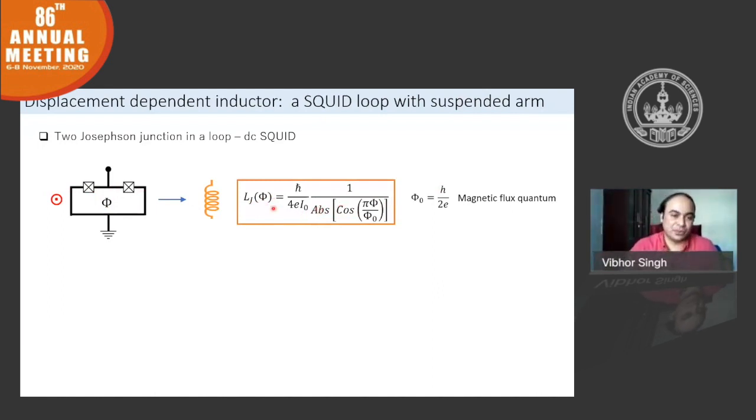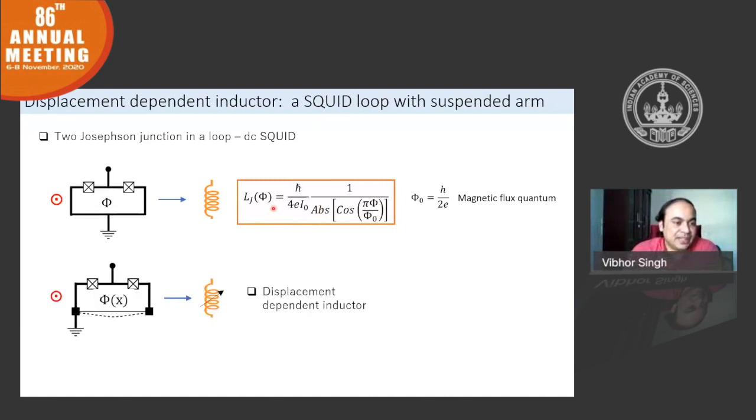This is the one which we want to use to realize the qubit mode. So if we go further and release one of the arms of the SQUID loop and make it suspended, you can see that displacement of this wire would cause a change in the magnetic flux and hence a change in the inductance value. So by making one of the arms of this SQUID loop suspended, we can realize a displacement-dependent inductor.